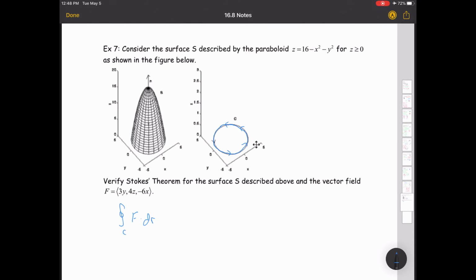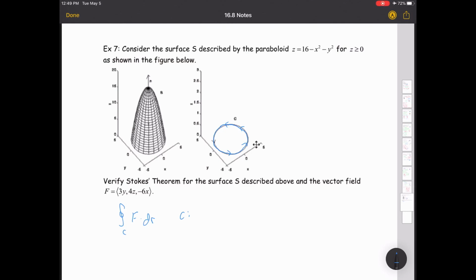Since we are doing the line integral version, we are only concerned with the outside ring. We are not concerned with what's inside of the ring as far as parameterization. So our curve is going to be defined as, let's see, that thing has a radius of 4.